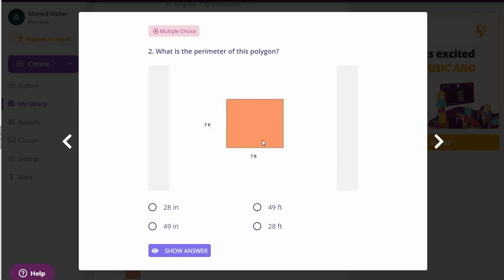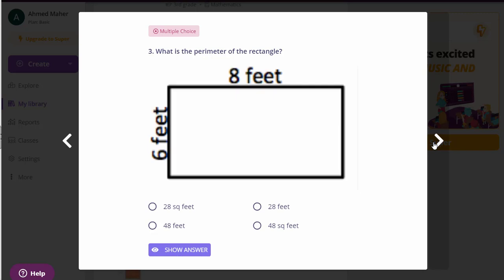Yes, the side length is 7. So the perimeter equals? 28 feet. Excellent. Thank you, my hero. Okay, let's move to the next one.